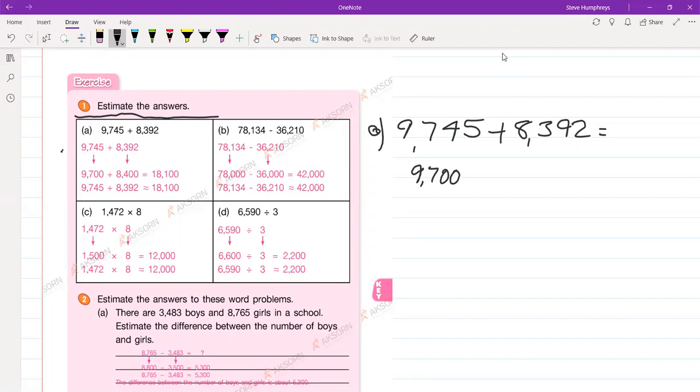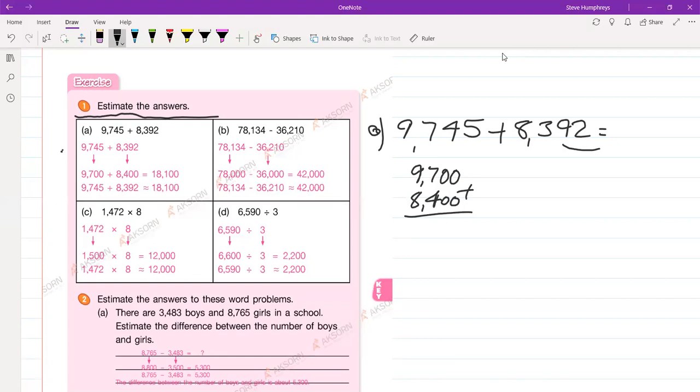And 8,392, I looked at the last two digits and I rounded it up to 8,400. Rounded it up to the nearest 100.